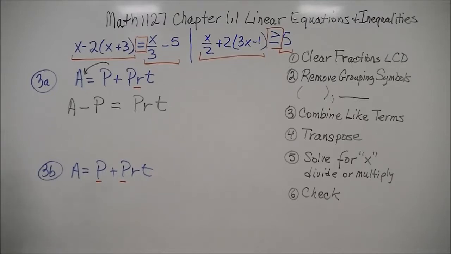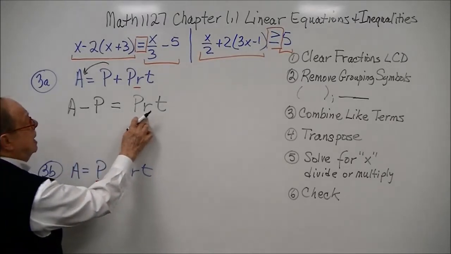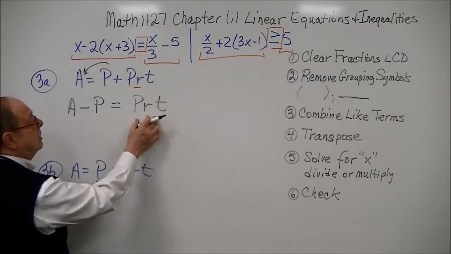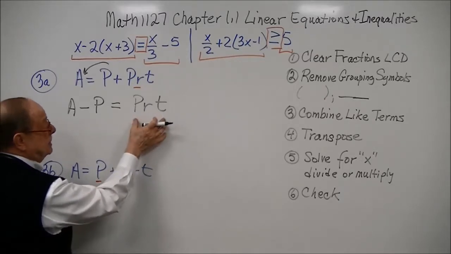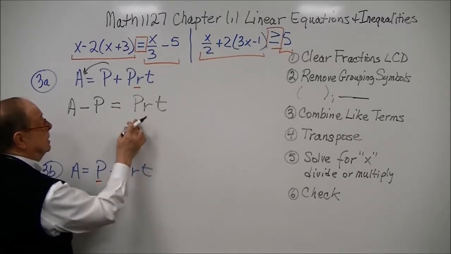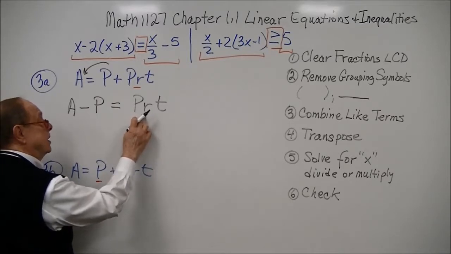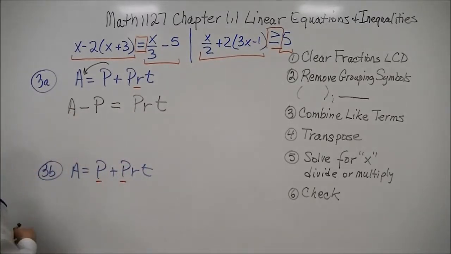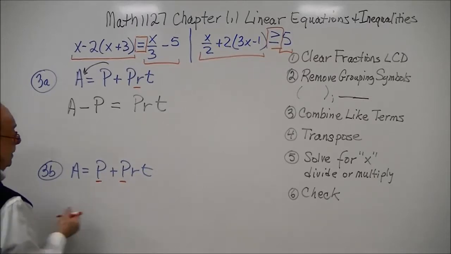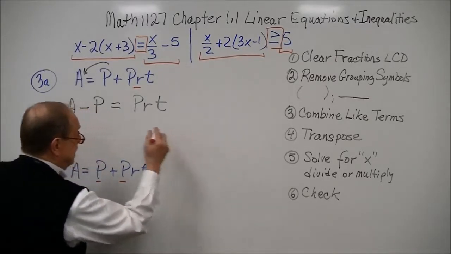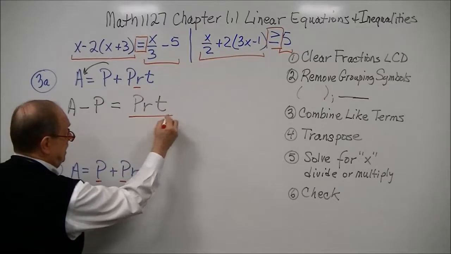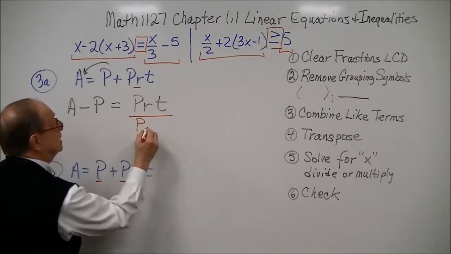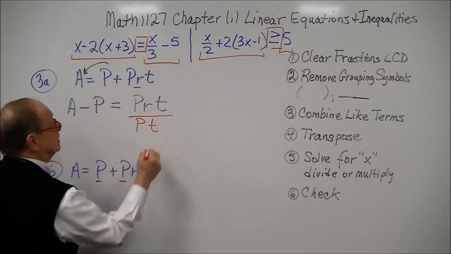Okay, now there's our R. How do we get R out of a series of, in a sense, factors? This is P times R times T. And the answer is, we do so by dividing. We want to get rid of the P, we divide by P. The T, the same.